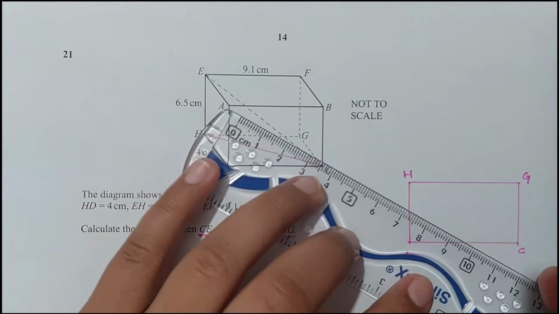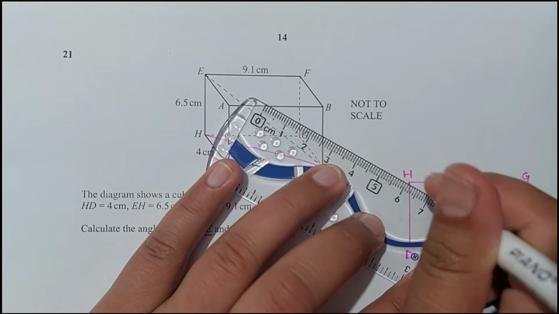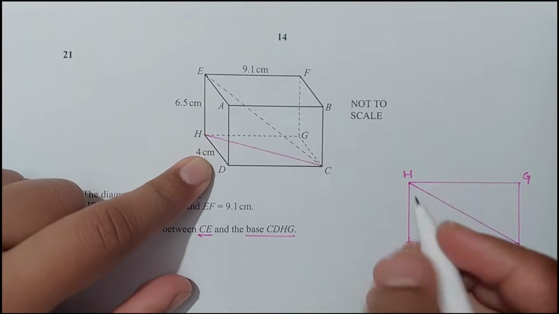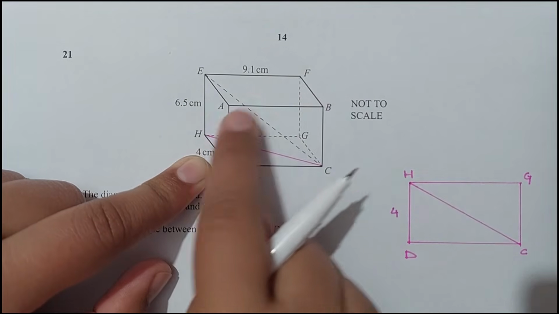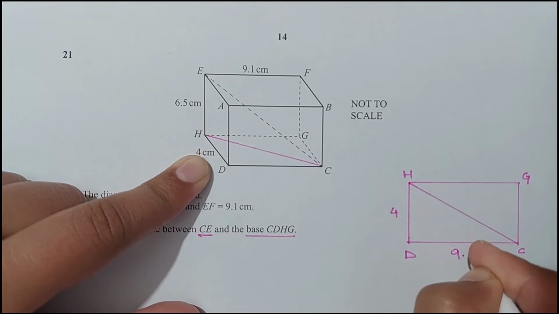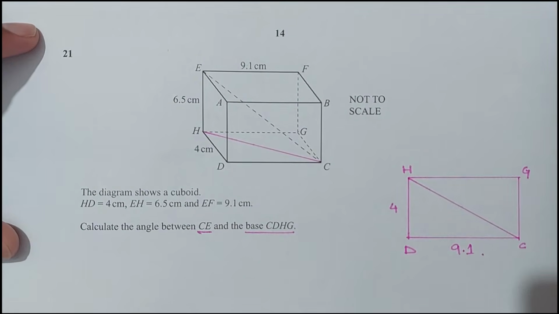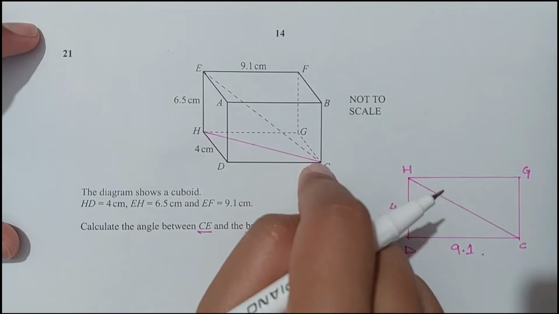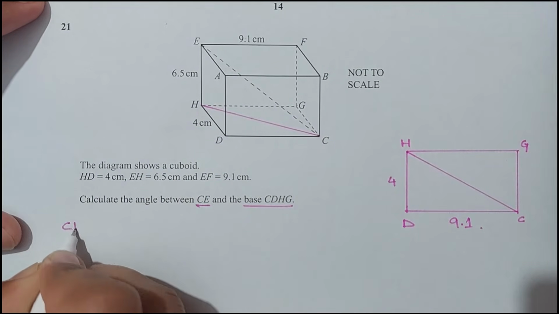Let me solve for CH. This length is 4 and this is 9.1. Because it is a cuboid, the base is a rectangle, 4 and 9.1. Let me solve the diagonal CH.